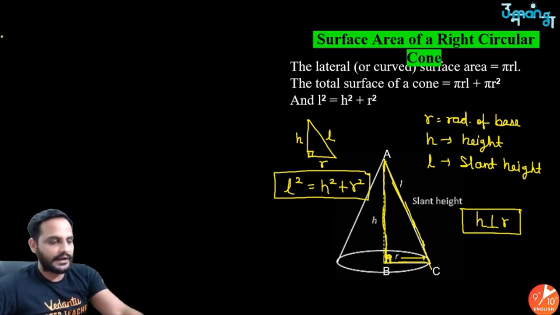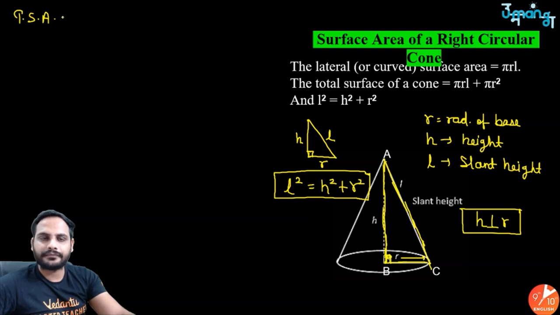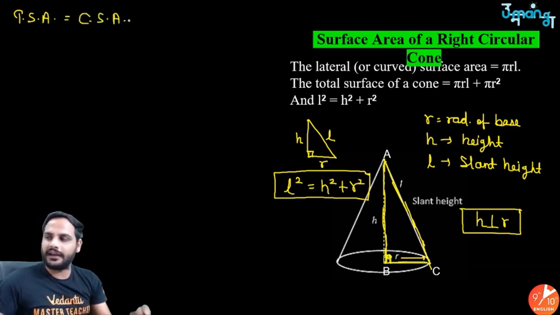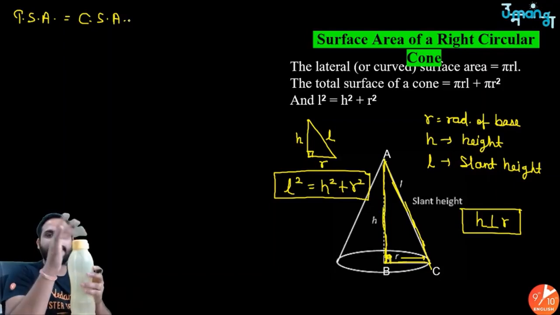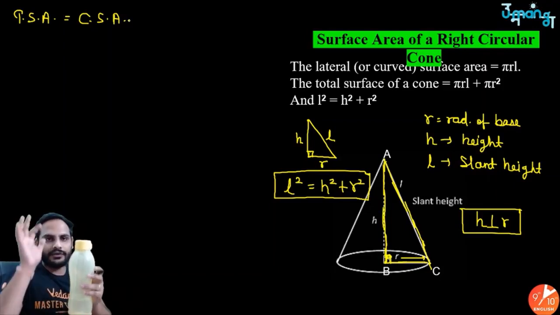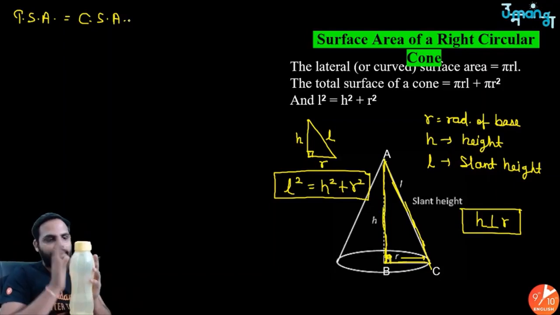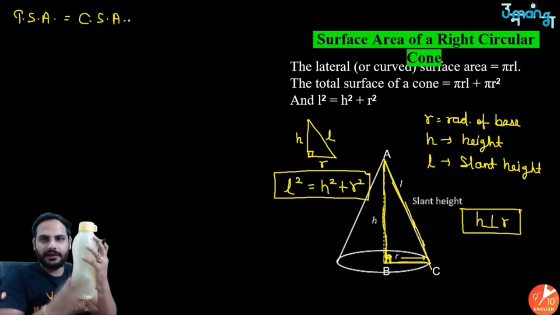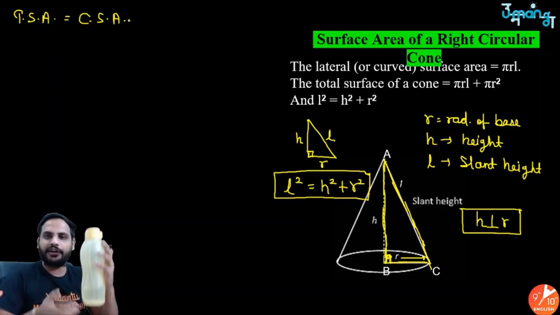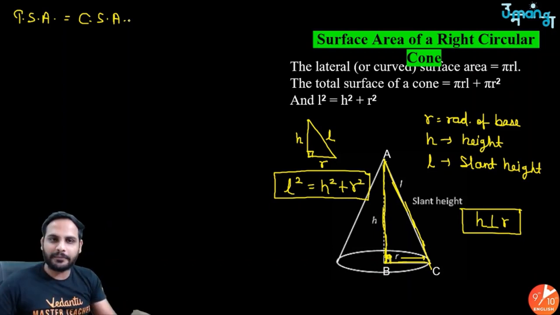So I can say one important thing: total surface area is equal to curved surface area, meaning the area of all the surfaces except top and bottom, plus the area of top plus the area of bottom. That is the only missing part.